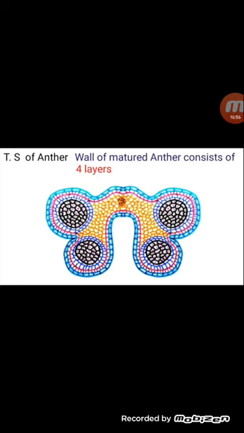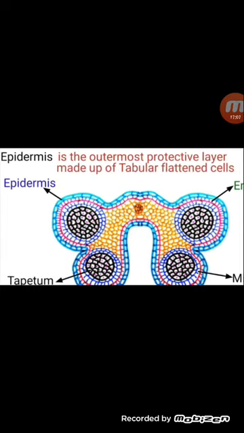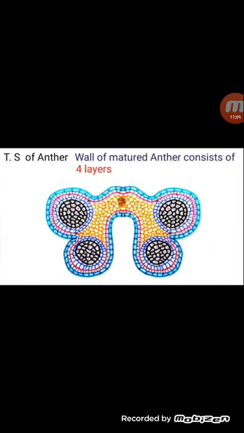So, the wall of matured anther consists of 4 layers. First one, epidermis. Second one, endothecium. Next, middle layer.